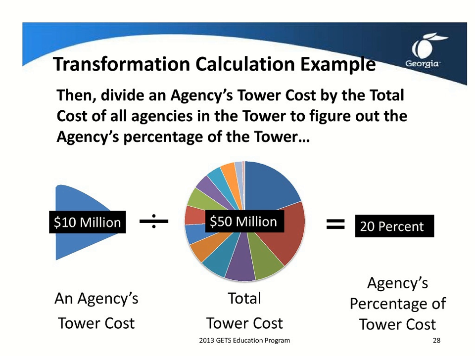Then you divide an agency's tower cost by the total cost of all agencies in that tower to figure out an agency's percentage of the tower. So if an agency is about $10 million in a certain tower, and that total tower is $50 million, then you can figure out an agency's percentage of that total cost. And in this example, it's 20%.